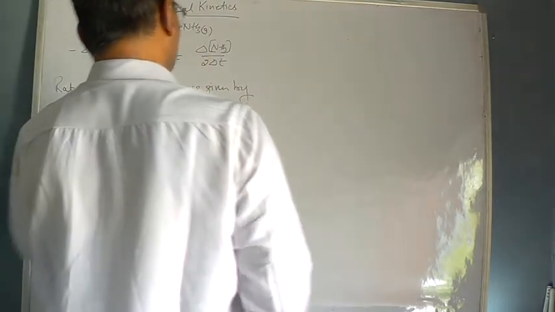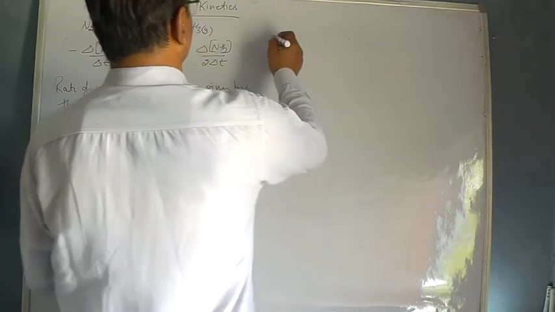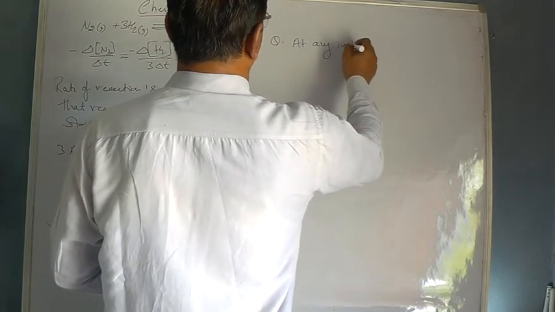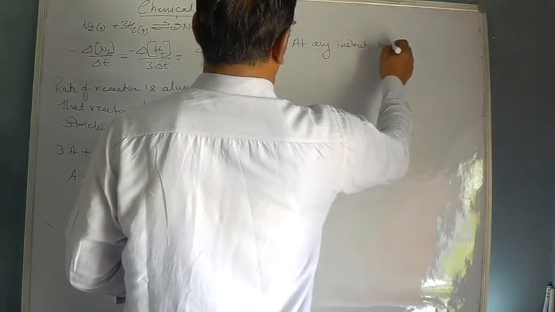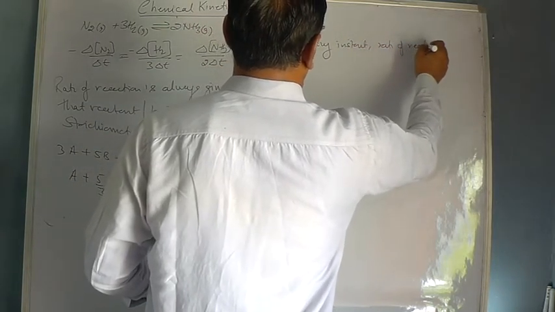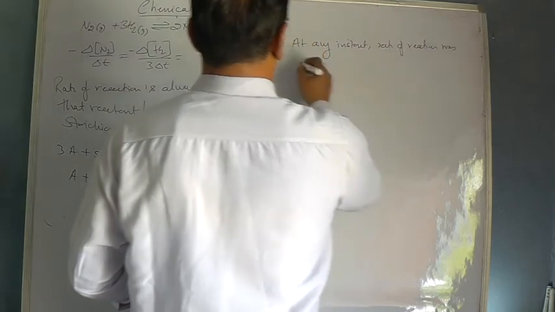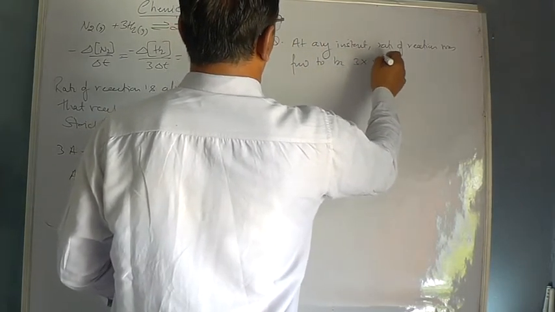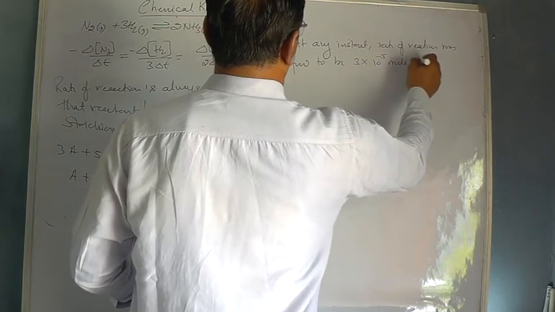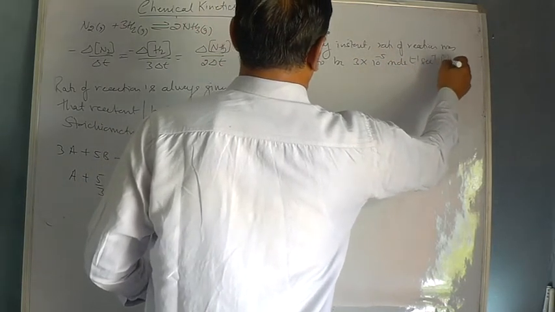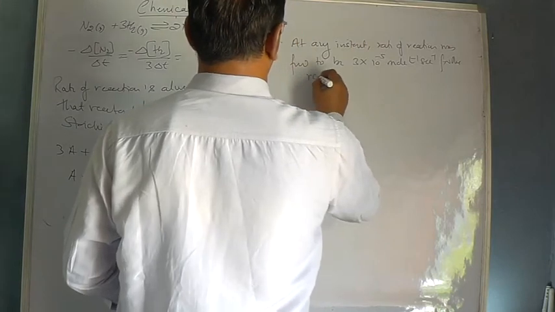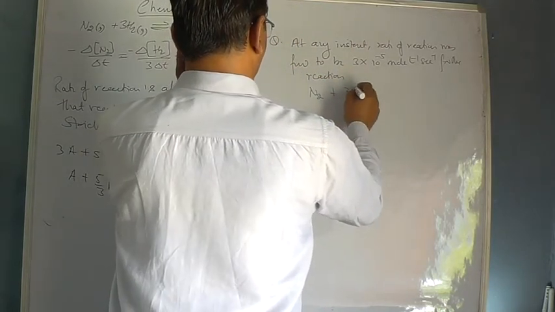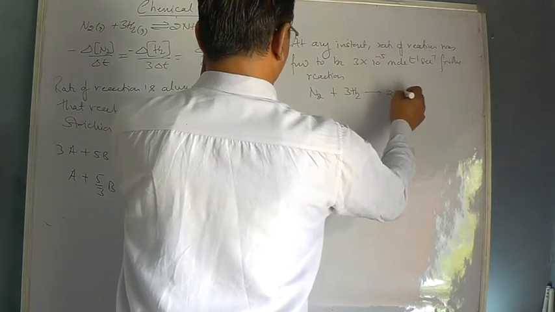See, at any instant, rate of reaction was found to be 3 × 10^-5 mol L^-1 s^-1 for the reaction N2 + 3H2 giving 2NH3.